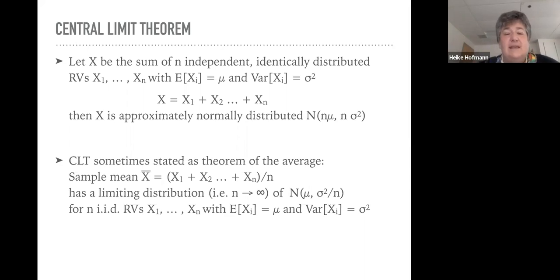Then this sample mean is approximately normally distributed with parameters mu, so the same expected value as each one of those observations, and a variance of sigma squared divided by n, so a smaller variance than each one of those observations.